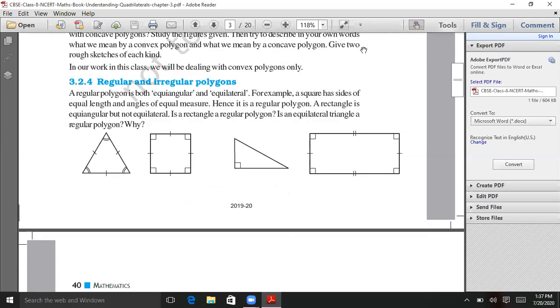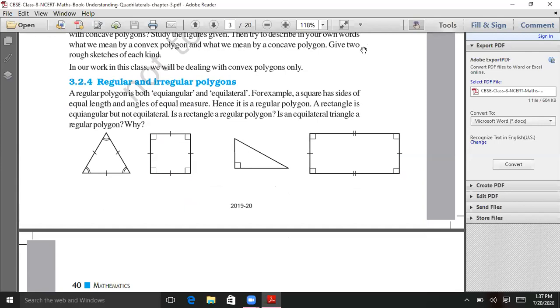Next is regular and irregular polygon. So what are regular and irregular polygons? Regular polygons are those polygons whose all sides and all angles are equal. If the sides are equal, then definitely angles will also be equal. Like a square.